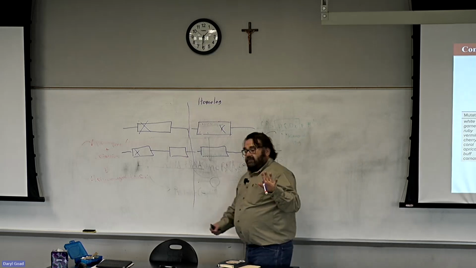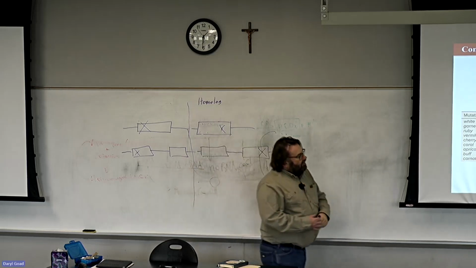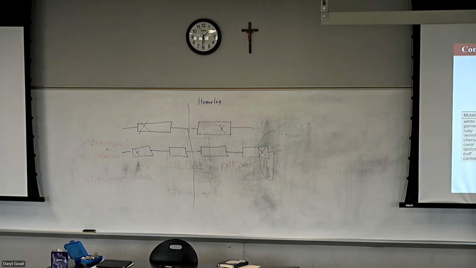So we're looking at 5 different genes here. And look at this. This also tells us that cherry, coral, apricot, and buff are all different mutations on one gene. Garnet is just one mutation on that one gene and only gives one phenotype. Vermilion is just one mutation on another gene that just gives one phenotype. Same with cherry. But when we get here, all of these are on the same gene.